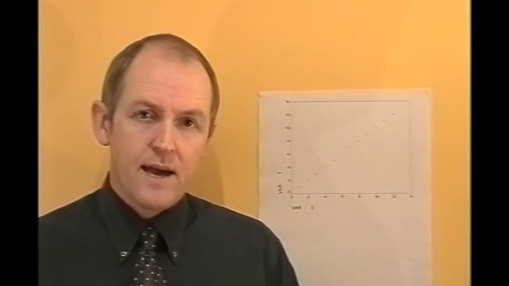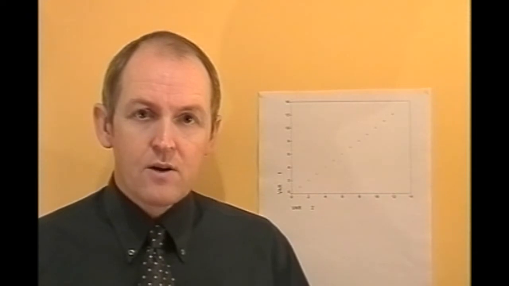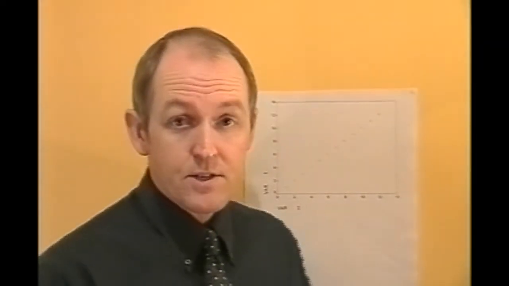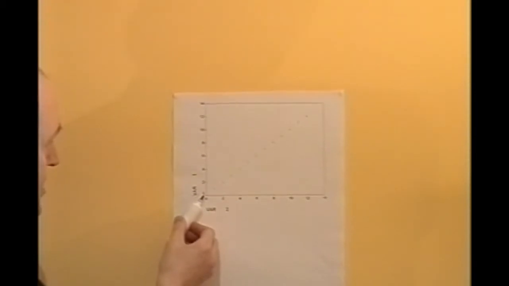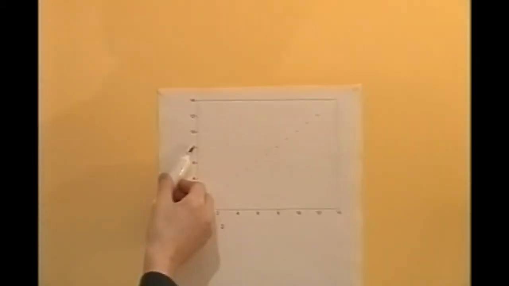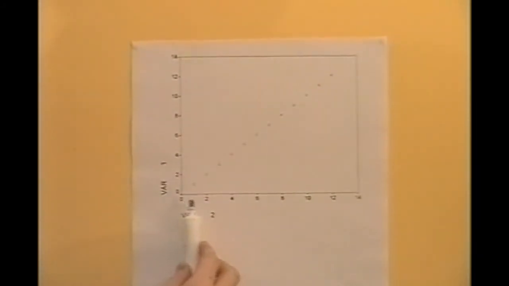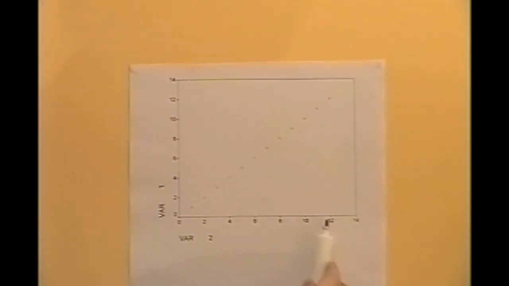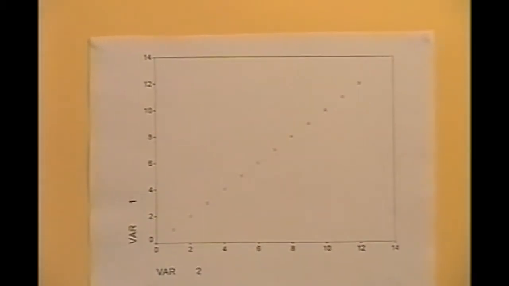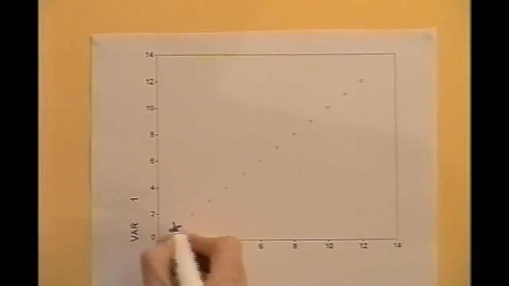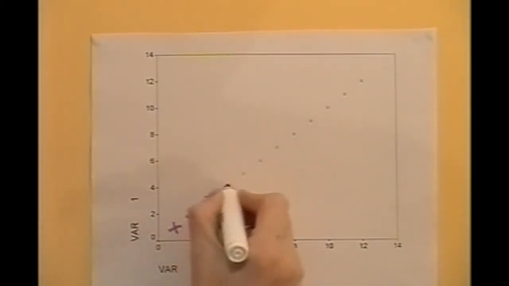What we're going to look at now is a positive correlation. On this graphic, I've got variable 1, which goes 2, 4, 6, 8, 10, 12, 14, and variable 2, which goes 2, 4, 6, 8, 10, 12, 14. I think you can see I've got data points there, there, there.